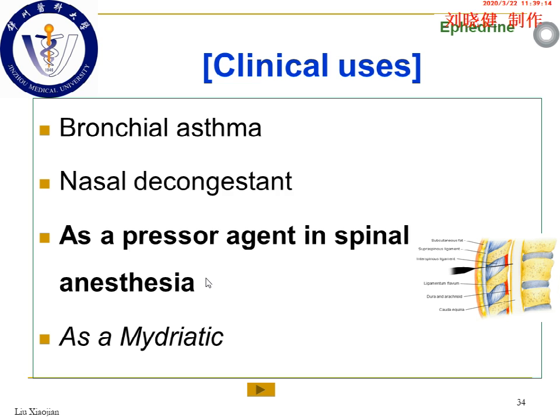So usually it induces vasodilation caused by local anesthetics when the patient has spinal anesthesia. So try to avoid that hypotension, to maintain enough blood pressure and enough blood supply to the vital tissue. Even during surgery, it is really important. So sometimes we just use ephedrine as a pressor agent in spinal anesthesia to avoid hypotension caused by anesthesia.